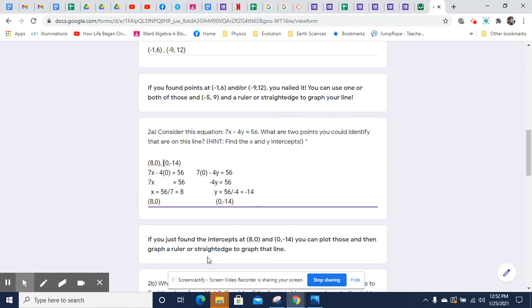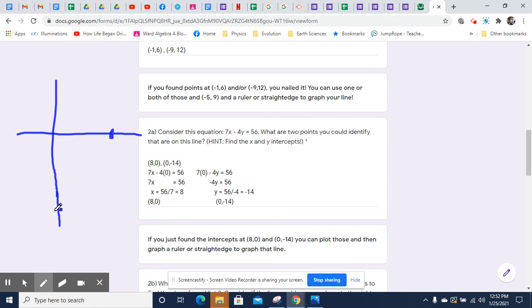Okay, now I've got 2 points. I've got 8, 0, and 0, -14. So if I were to draw a graph, I'll have 8, 0 here, and somewhere down here, I'll have 0, -14. So that's -14. The x value is 0 at that point.